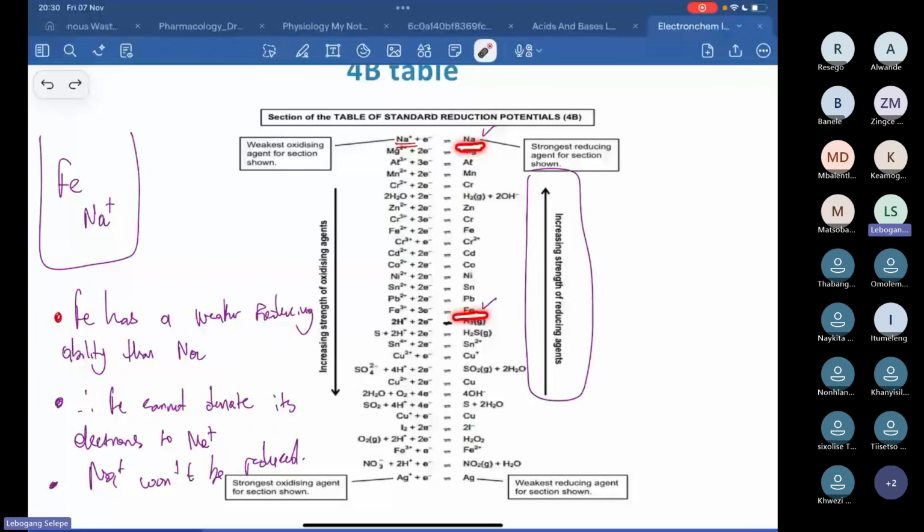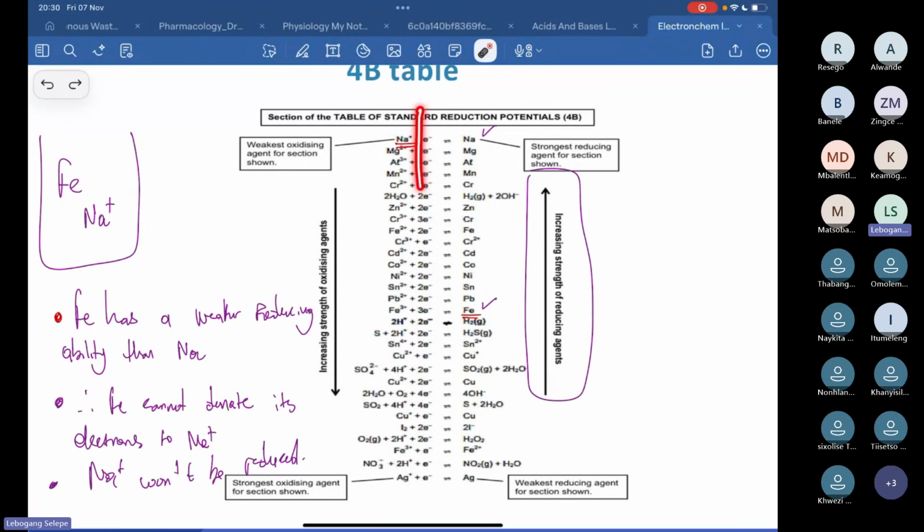If Fe has a weaker reducing ability than Na, it means that Fe cannot donate its electrons to Na plus. It's not fit enough to donate its electrons to Na plus, right?